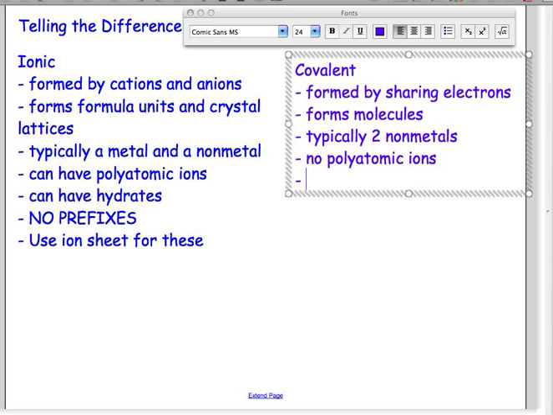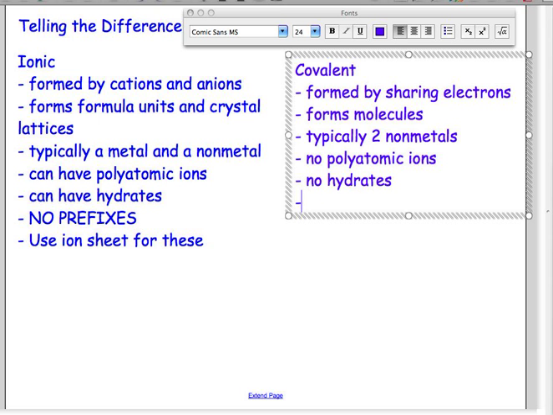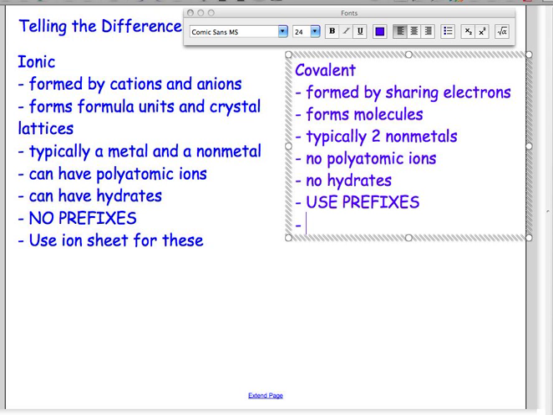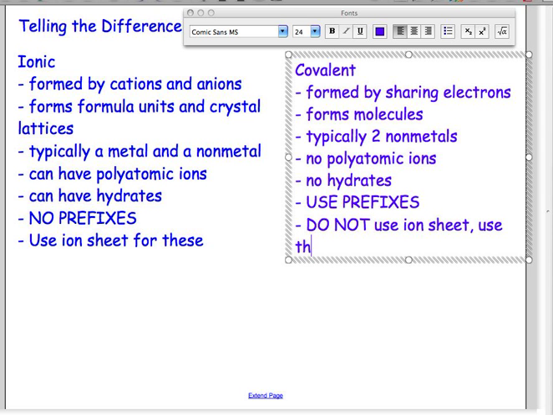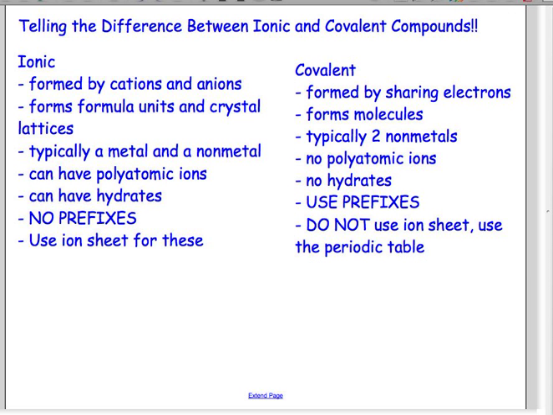No hydrates. Use prefixes. And do not use ion sheets. Use the periodic table. So when you're looking at a compound and they don't tell you if it's ionic or covalent, you need to kind of use this checklist to categorize it and see which one's which.